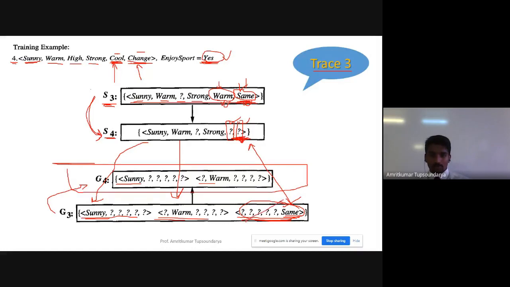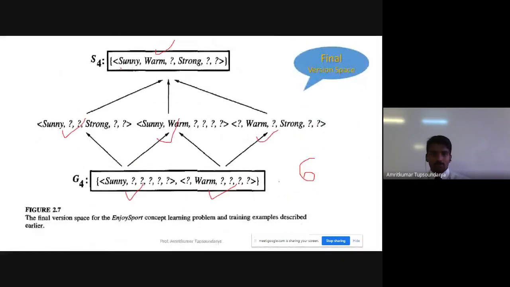So we have to remove this hypothesis because we have a more general, updated hypothesis in S4. So we will remove this hypothesis, and ultimately we have only two hypotheses in G4. So in S4 we have one hypothesis, in G4 we have two hypotheses. Now when we compare these, we have these three new hypotheses coming up, right? So you can see that sunny is clear, but for warm, here there is a question mark.